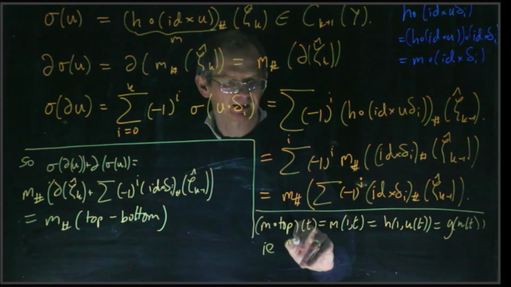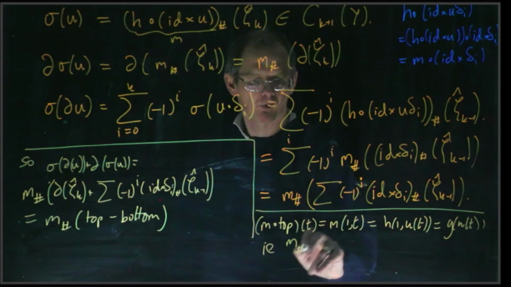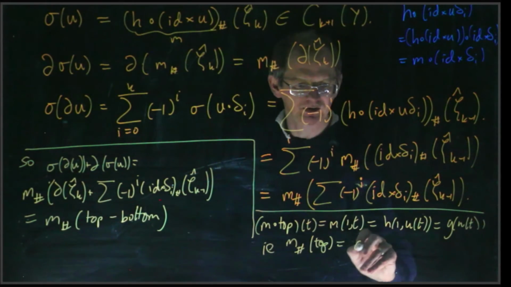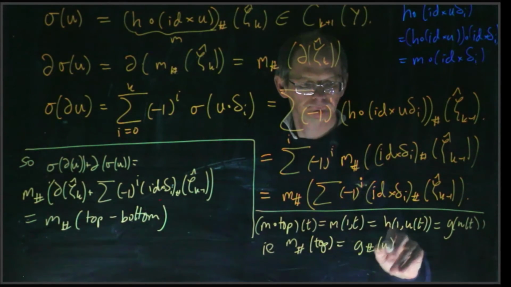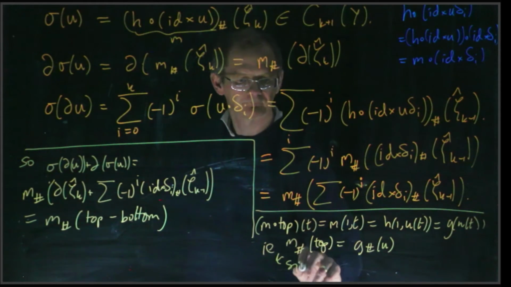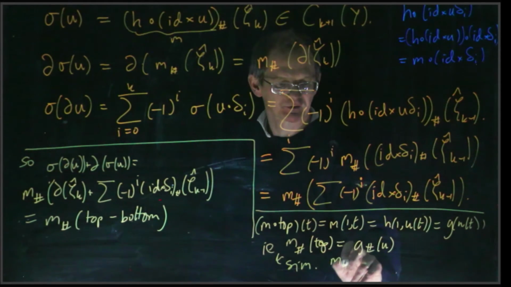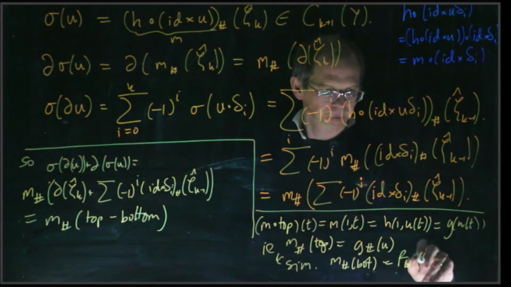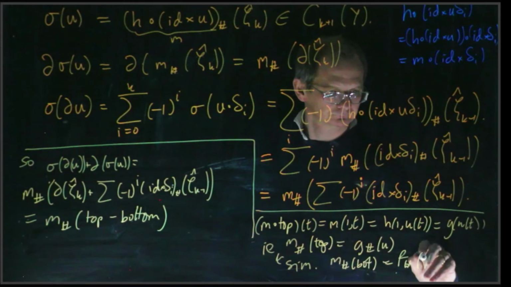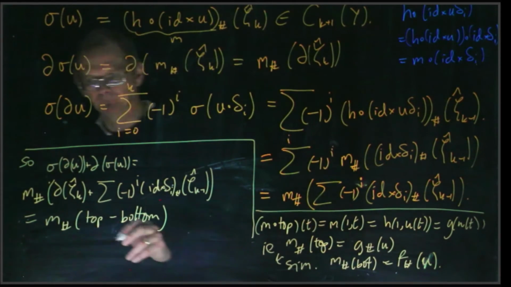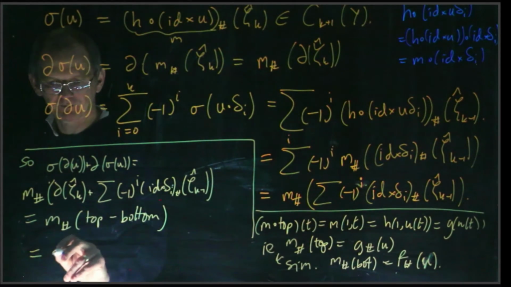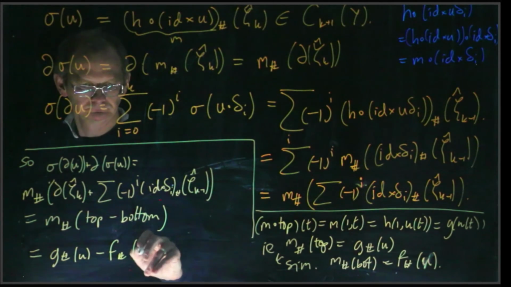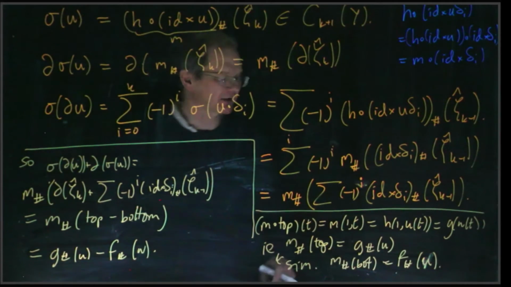So that tells me that M hash at the top is just G hash of u. And similarly, M hash at the bottom is F hash of u. So what we get here is G hash minus F hash of u.